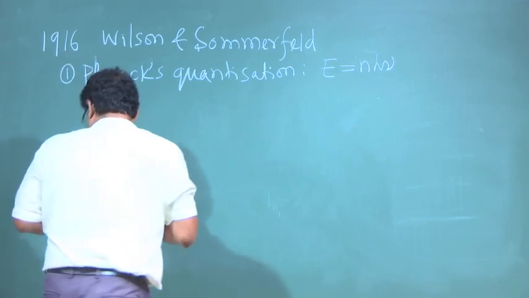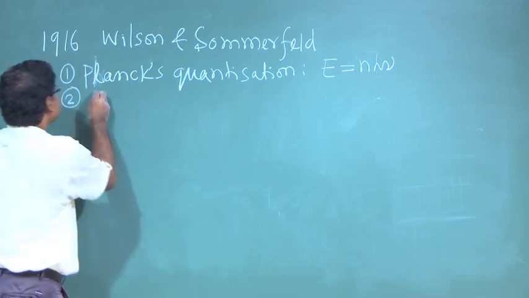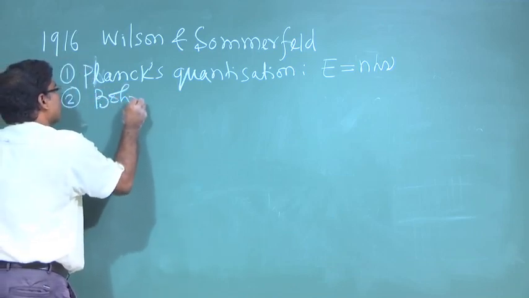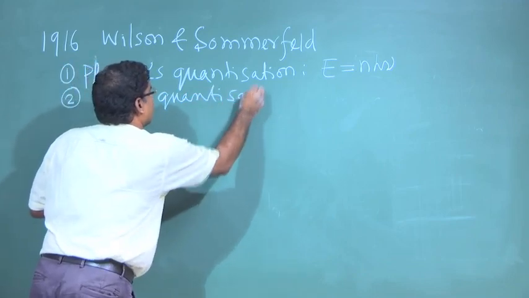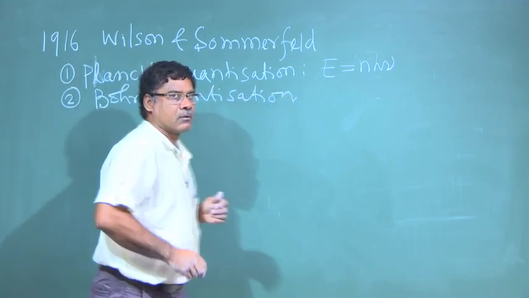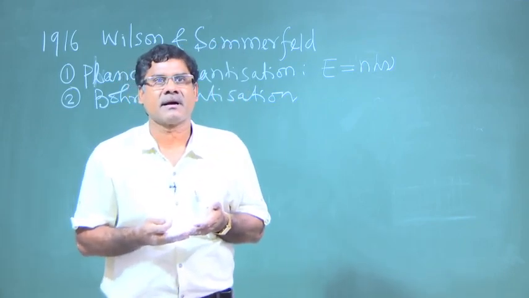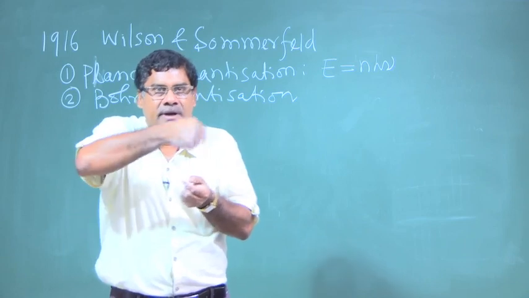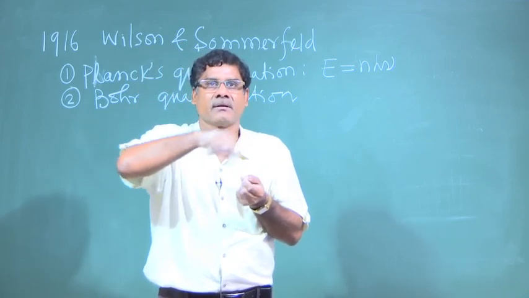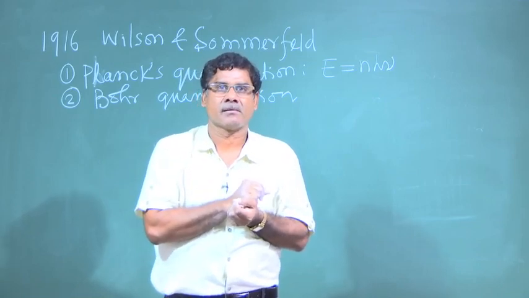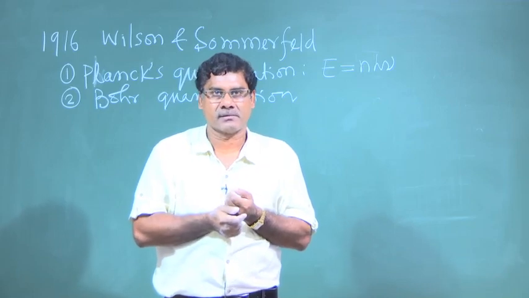And then the second quantization was the Bohr quantization. What is that? Bohr quantization was that the electron will revolve in a circular orbit, but it cannot choose any orbit.